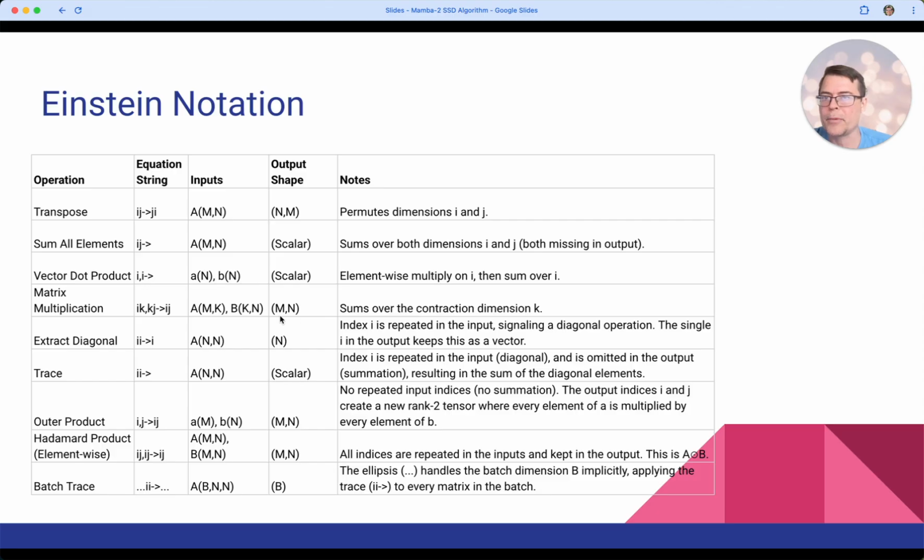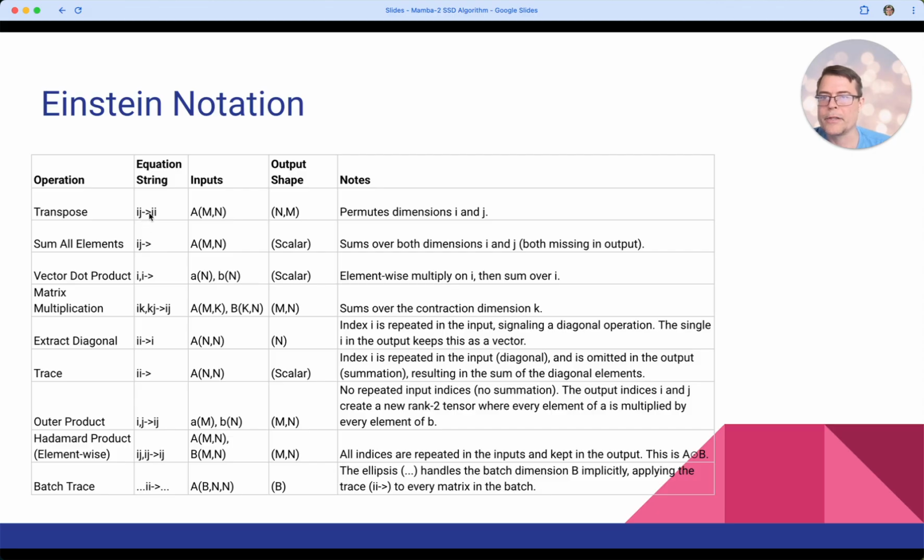And so you can see a few different parts. Here are a few different examples of Einstein notation, and this is the notation itself, and then this is effectively what it means. You can see the arrow here says, hey, we're going to start with some set of inputs, we're going to get some outputs. Comma basically separates tensors from each other, so this takes one tensor and another tensor, basically two vectors in this case, and produces some output. If you see nothing in the output, that basically says everything you saw over here, contract it together and produce a scalar.